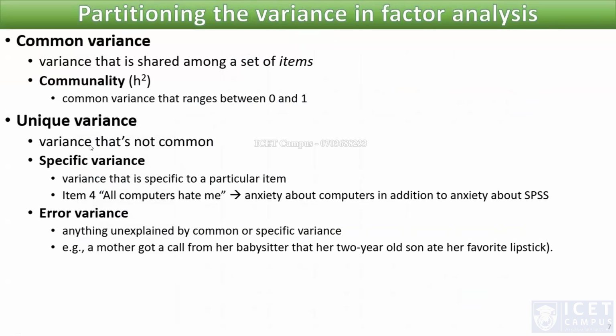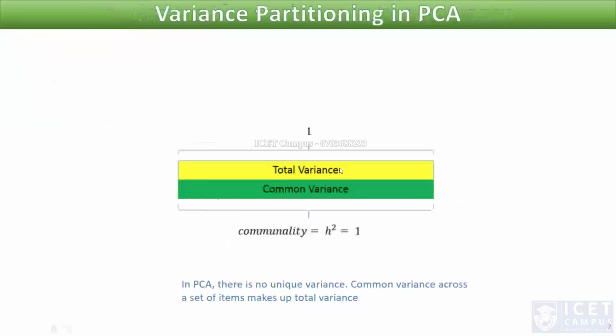Then there are two things, specific variance and error variance. Principal component analysis has h square equal to 1. In principal component analysis, there is no unique variance. Common variance across a set of items makes the total variance.